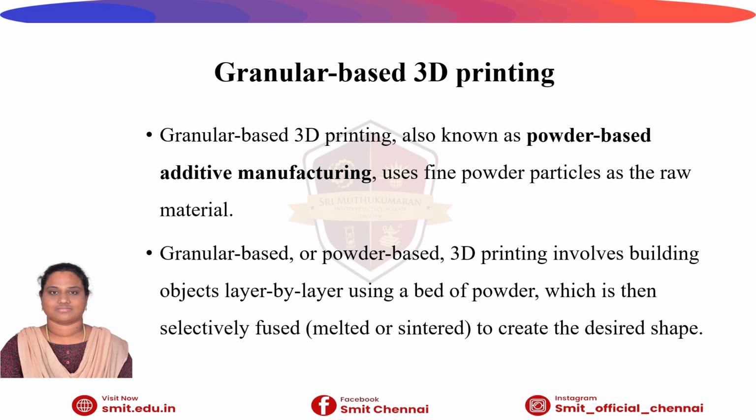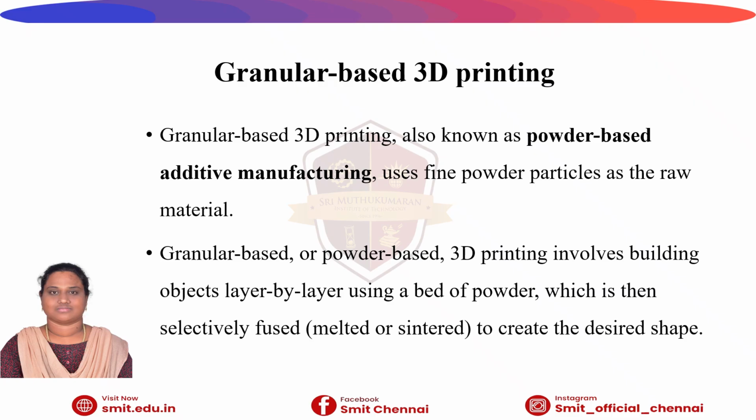This granular 3D printing is also called powder-based additive manufacturing, as it uses fine powder particles as the raw material. In this process, a thin layer of powder is spread evenly over a build platform to form a powder bed. A heat source such as a laser or binder selectively fuses the powder particles only in the areas required for the part.